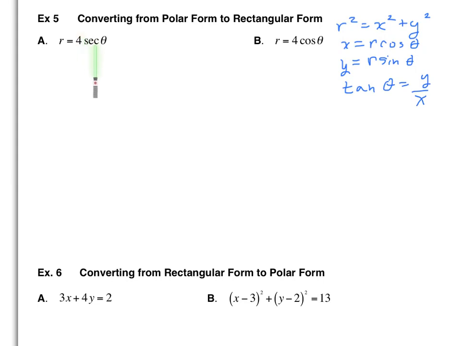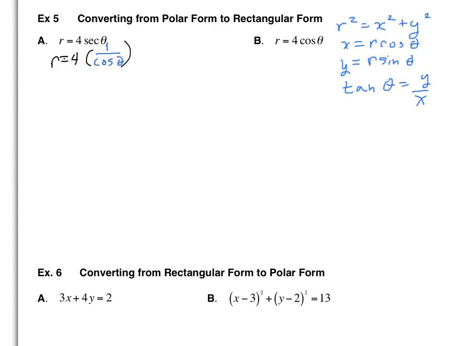Sorry. So if I don't have secant over here, what have we done in the past with secant to get rid of it? Okay, so if you have secant, cosecant, or cotangent, please do yourself a favor and use the reciprocal functions to get rid of it. So that's where we're going to start. I'm going to start with r equals 4 times, instead of secant, we're going to put in 1 over the cosine of theta.